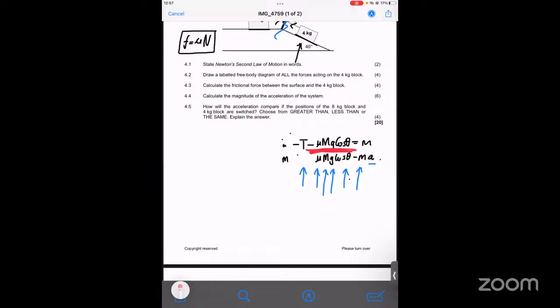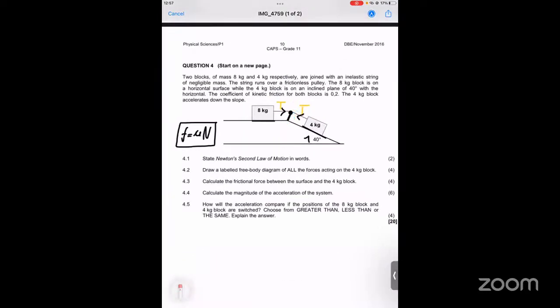If we swap those masses, will the acceleration stay the same, increase or decrease? It'll be greater. Okay, what would be the reason? Because of the greater mass going down the slope.